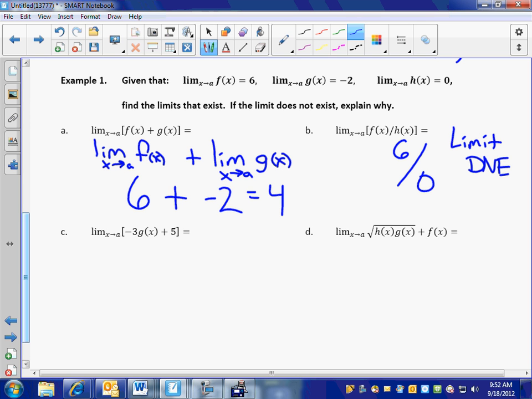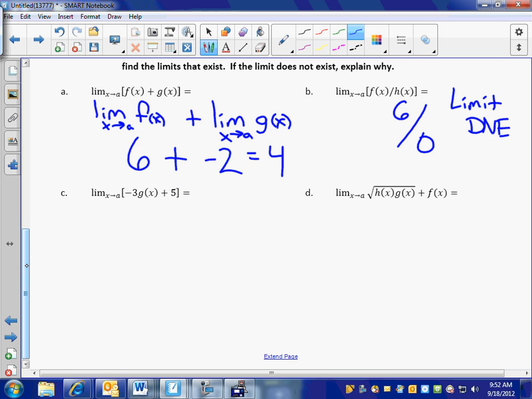Very good. In this situation, we could simply work with the numbers that you see here. We could separate this into pieces. Really, we just need to identify what the limit as x approaches a of g of x is. What is the limit as x approaches a of g of x? -2. So I have -3 times -2 plus 5.